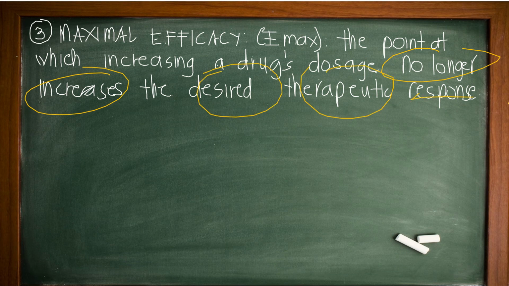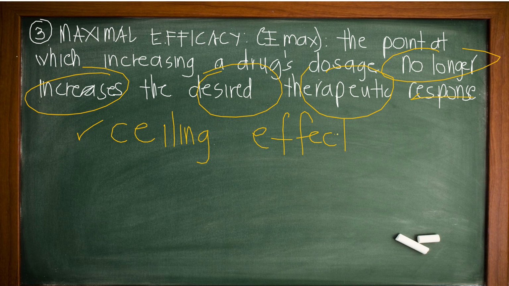Maximal efficacy, or Emax, that is the point in which there's no further increase in response. Kahit anong gawin mo, there is no further increase in the response. Kumbaga, naabot na niya yung kanyang tinatawag na maximum efficacy, or yung tinatawag natin your ceiling effect.